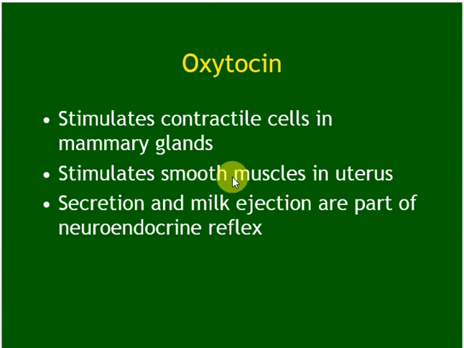Oxytocin, generally speaking, is a stimulant of the contractile smooth muscles. There are smooth muscles in the mammary gland, which are the muscles that surround the glands itself. When they contract, they will push the milk out, and it also stimulates the smooth muscles of the uterus.